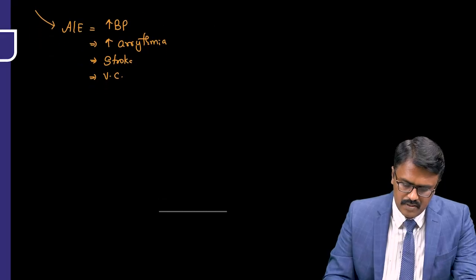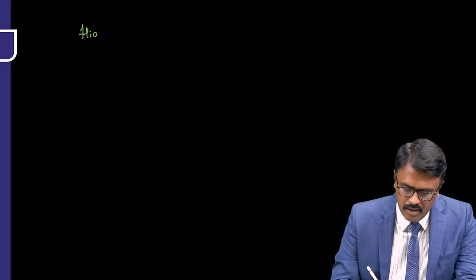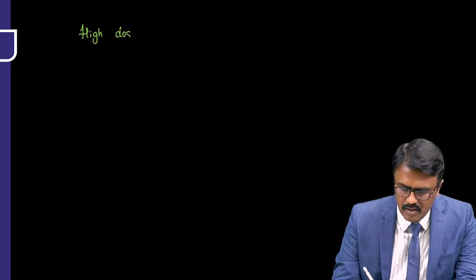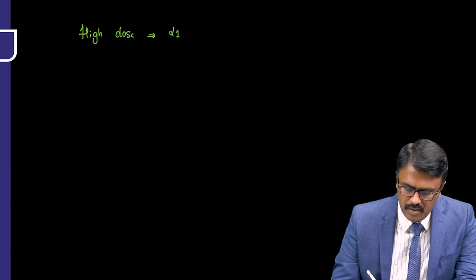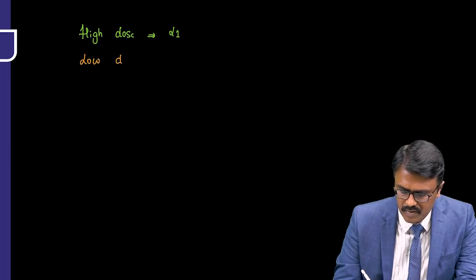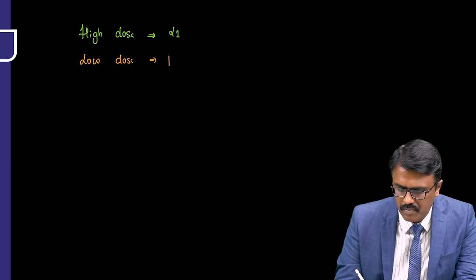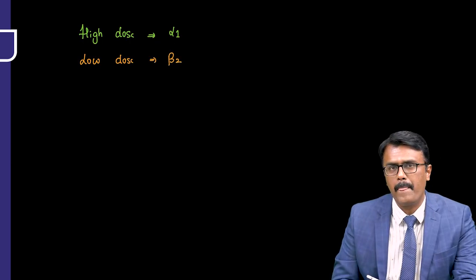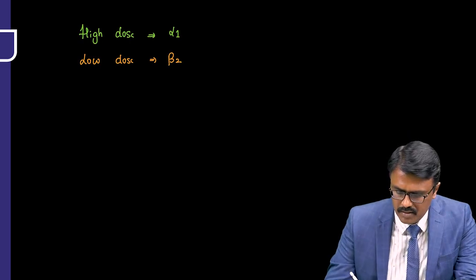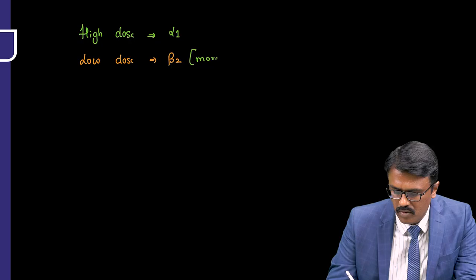Now, when you give adrenaline at high dose, it will activate alpha 1 receptors. When you give it at low dose, it mainly acts on beta 2 receptors. The meaning is beta 2 receptors are more sensitive.